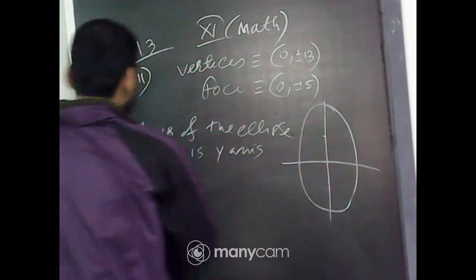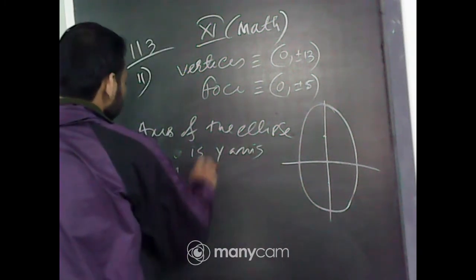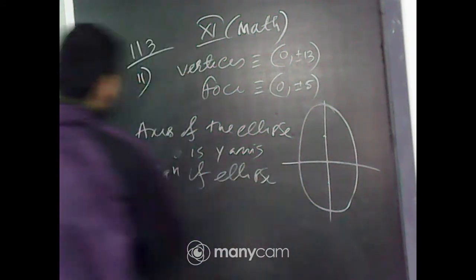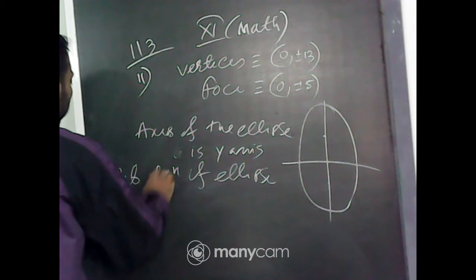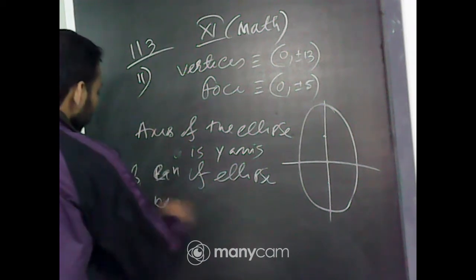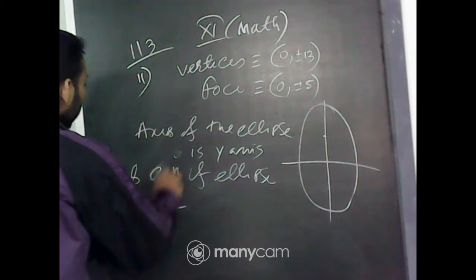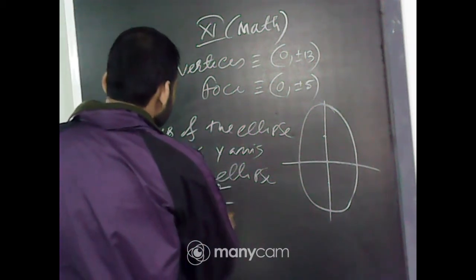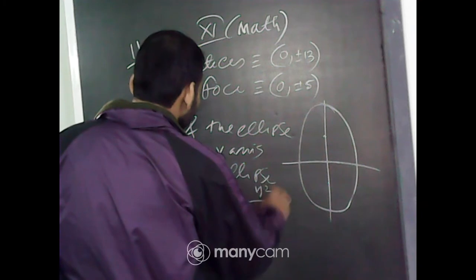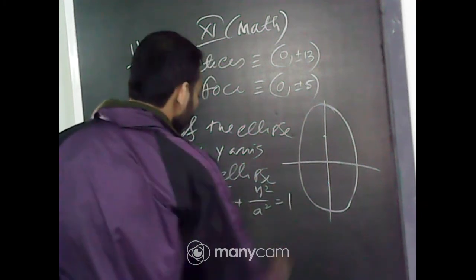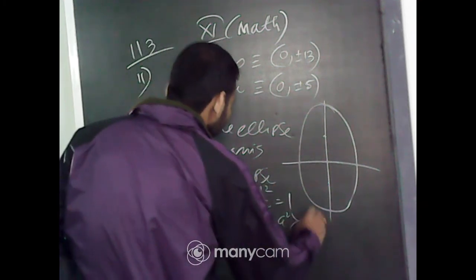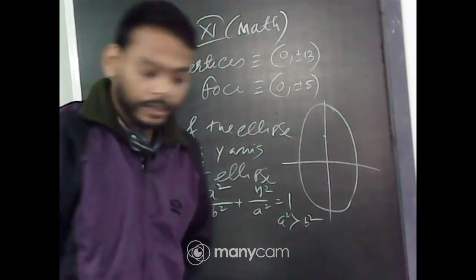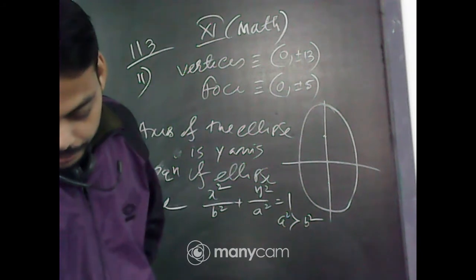So that means equation of ellipse, let the equation of ellipse be x square by b square plus y square by a square equals to 1. Here a square greater than b square. That means the denominator of the y square will be greater than the denominator of the x square.